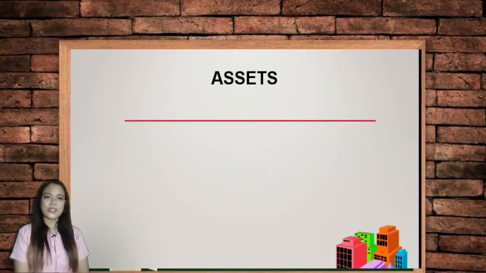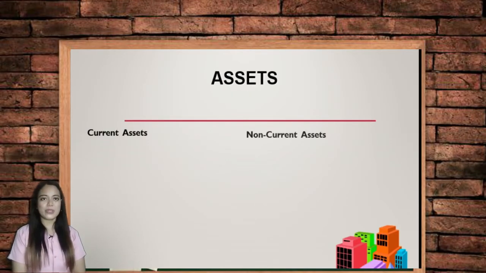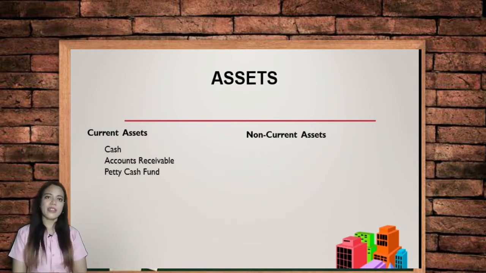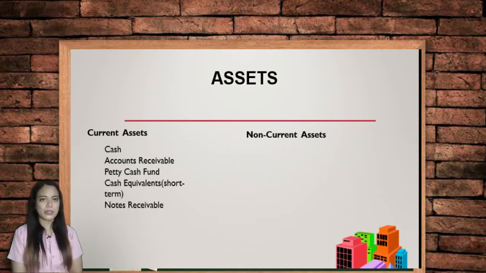These are examples of current assets. We have cash or cash in bank, cash on hand. Then we also have petty cash fund. We also have accounts receivable.